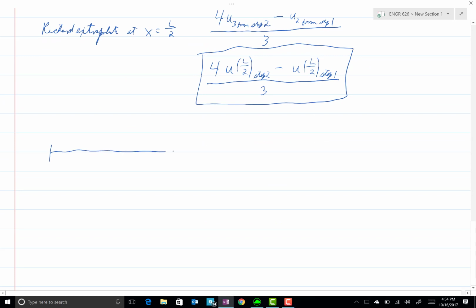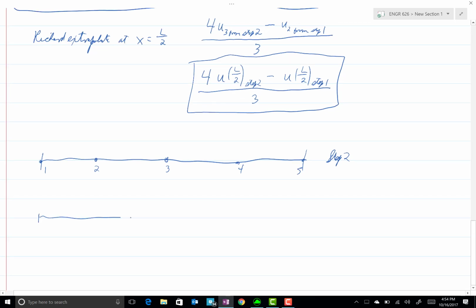So step 2 had 5 nodes: one, two, three, 4, 5. And then when we go from one step to another, we simply put a node in the middle of every existing segment.